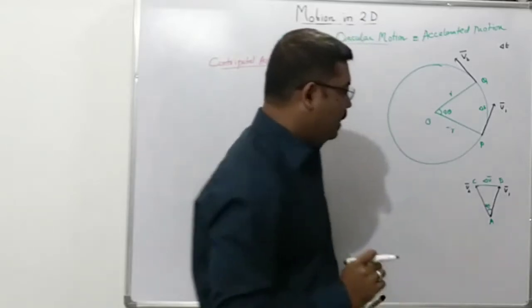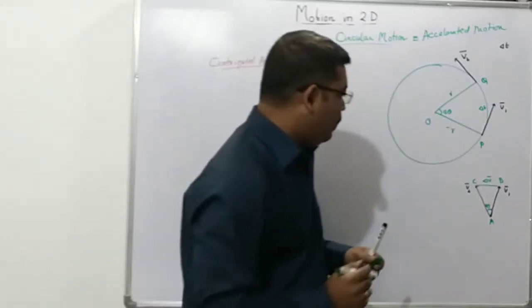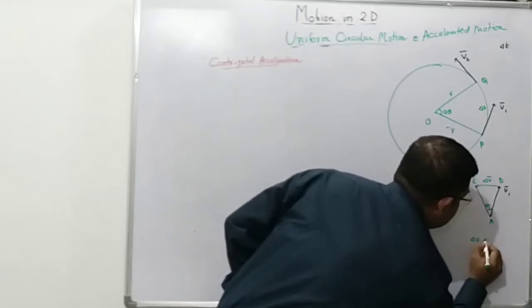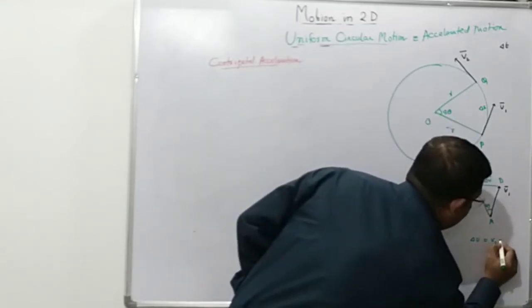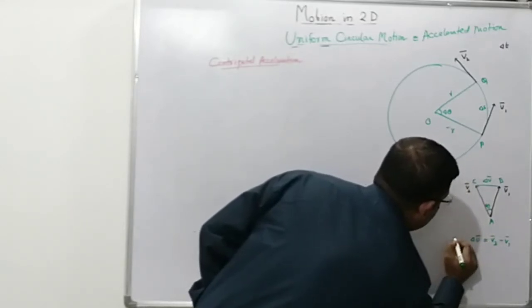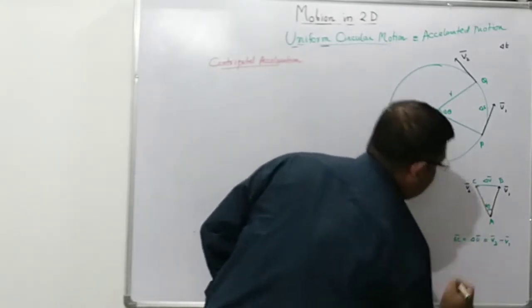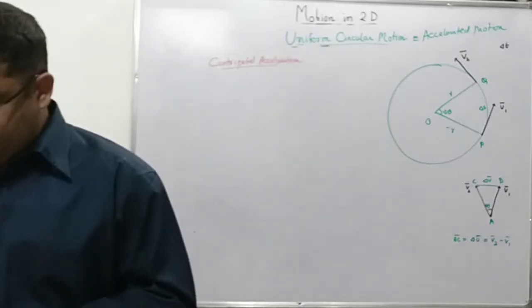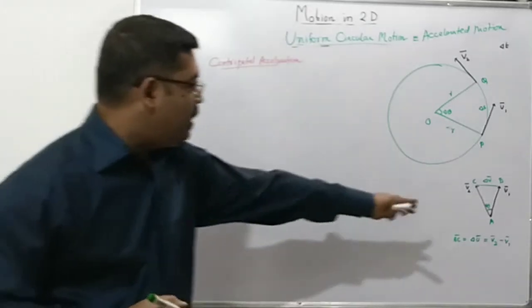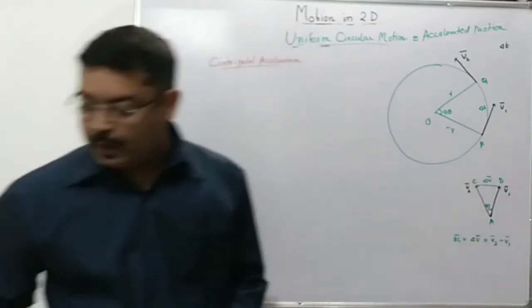Now from here we can see that delta V must be equal to V2 minus V1, that is vector BC. Fine, just simple vector addition.